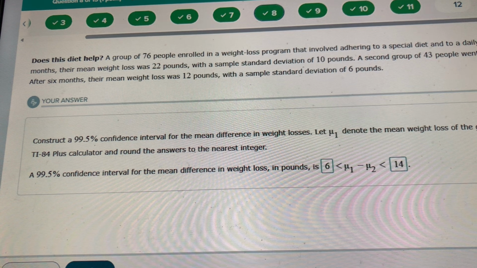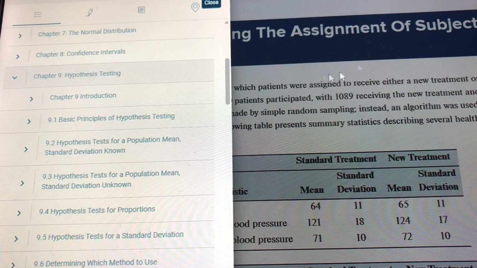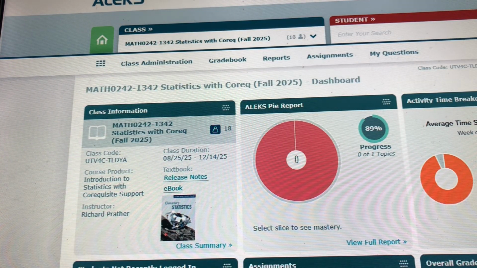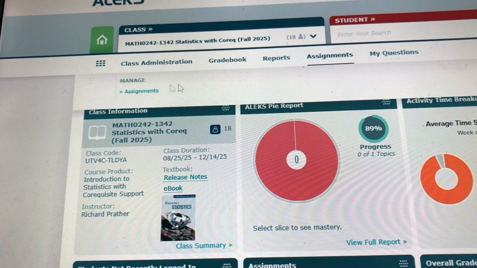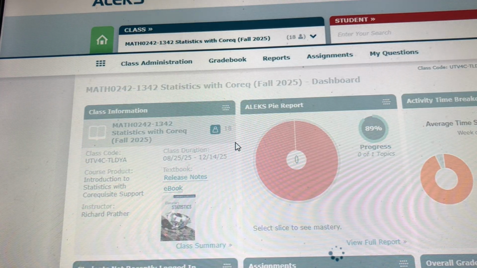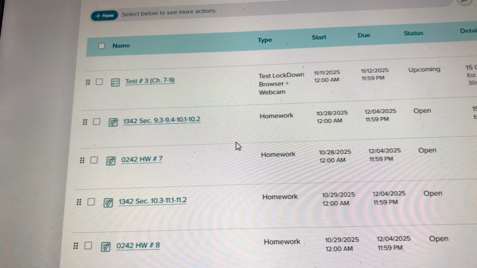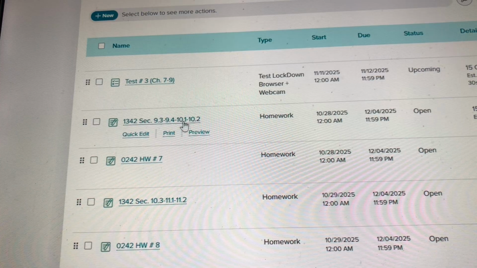So there'll be, where was I on here? Alex. Okay, over to the assignments. The 5 videos of this unit are going to be 9.3 and 9.4 as the first, even though this homework's together. 10.1 and 10.2 will be the second one.